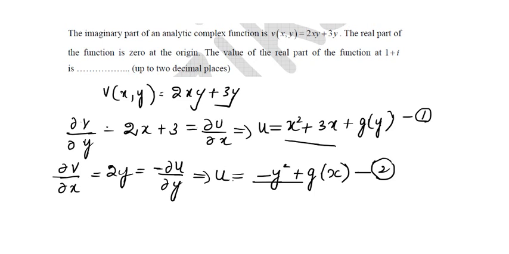We have to equate both the terms. So what we can do here, differentiate this first term with respect to y, that is, find ∂u/∂y. You are having only g of y, so you get ∂g/∂y.